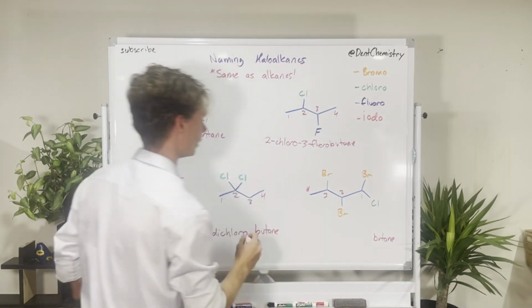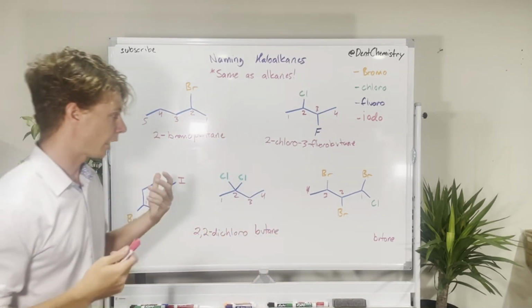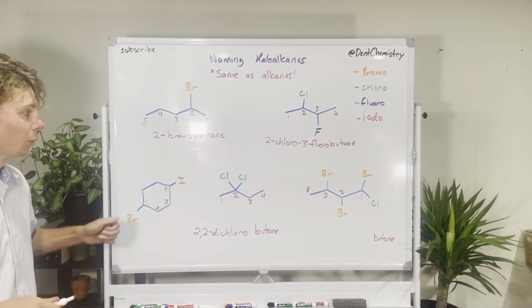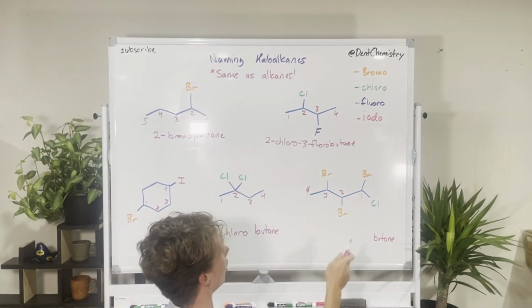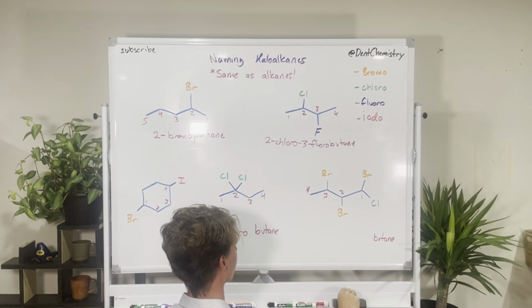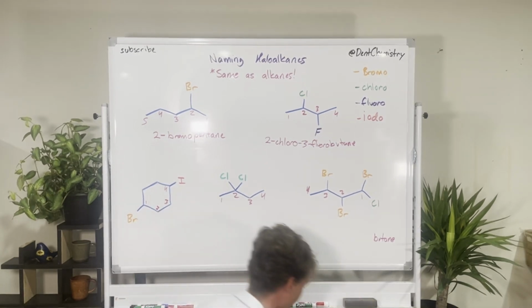Now my substituents. I have bromo and I have chloro. Bromo is going to come first. Where are those bromine atoms located? They are located on carbons number 1, 2, and 3.